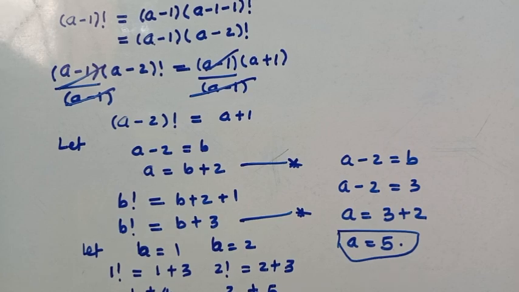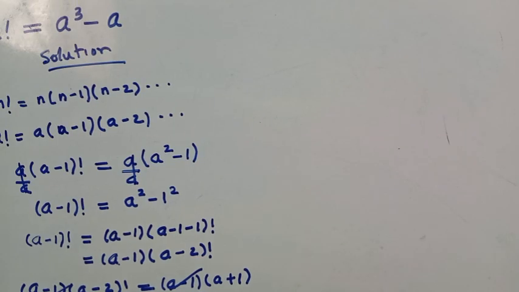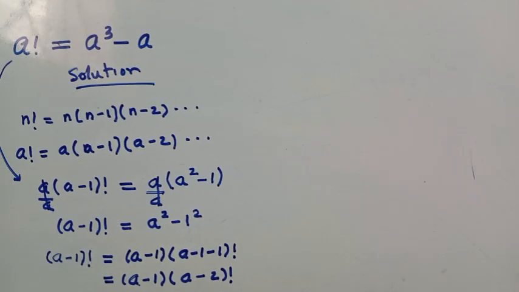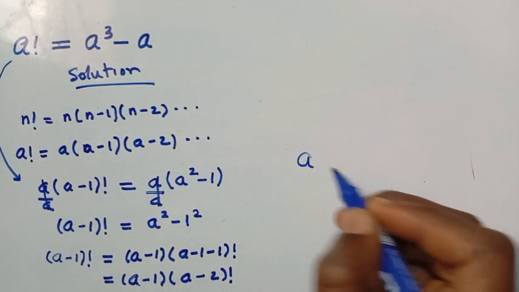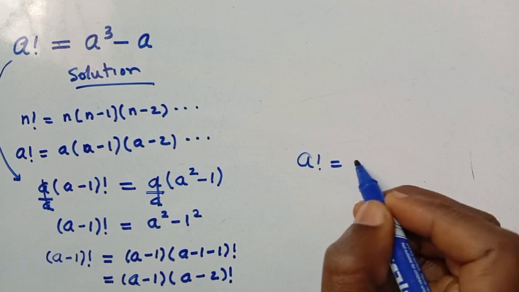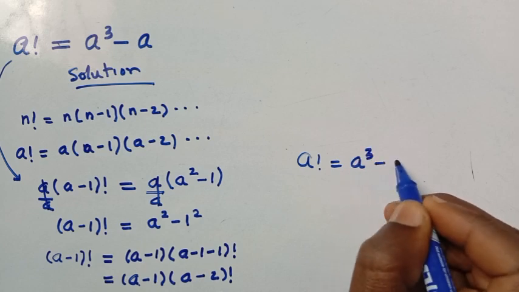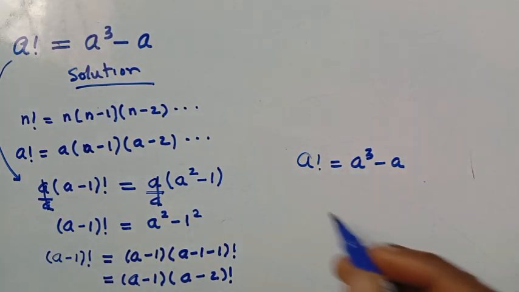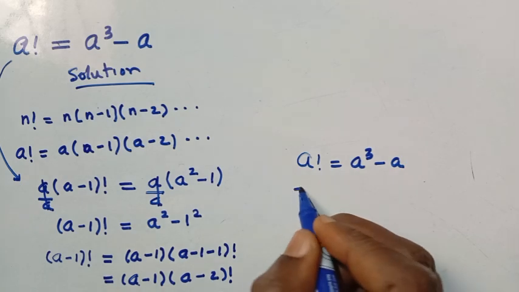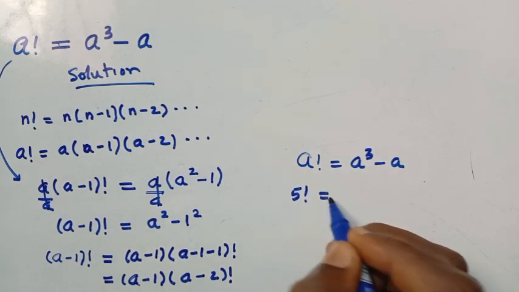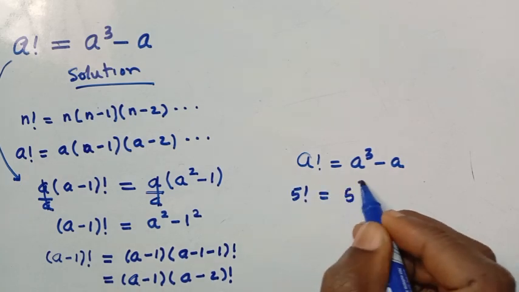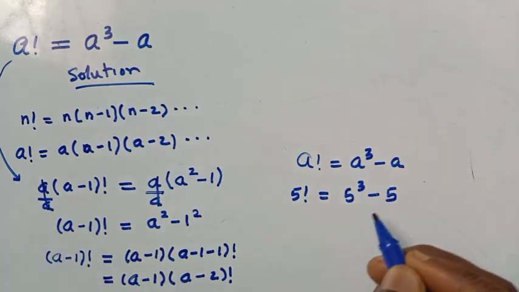To verify, we recall a factorial equals a cubed minus a, and at a equals 5, we have 5 factorial equals 5 cubed minus 5.